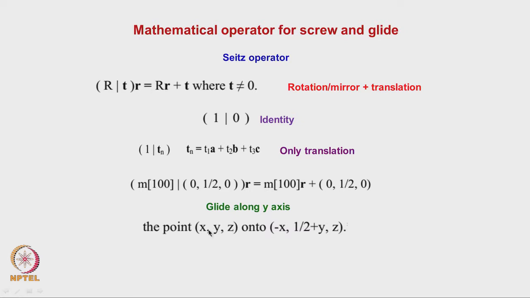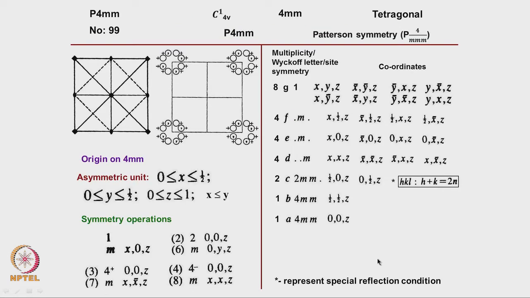So, that is what happens: if there is a point x, y, z, and the glide is along the y axis, it is shifted by y plus half along the y axis to the next position. And when it reaches that position, when the mirror is on the y axis and the glide is along the y axis, x will become minus x. That is how these symbols, I had explained already, come about.